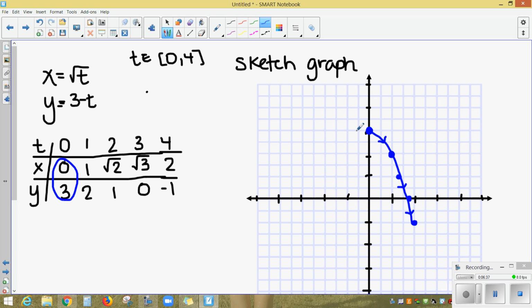And once we have connected those dots, we're not going to continue and say it goes on forever, not if we are told that t has a maximum value. So we stop when t equals 4, which was the point 2, negative 1. We started when t equals 0, which is the point 0, 3. And we put little arrows on there to indicate that this is the movement, instead of it going this direction.